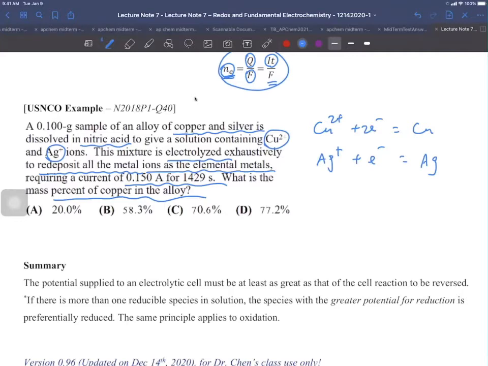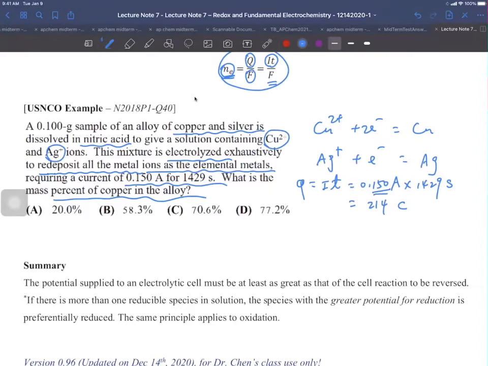So let's try. First we can calculate Q equals I times T. So we have 0.150 ampere times 1429 seconds. Let's use the calculator to get the result. Okay, we got 214 coulombs, since we only have 3 significant figures.